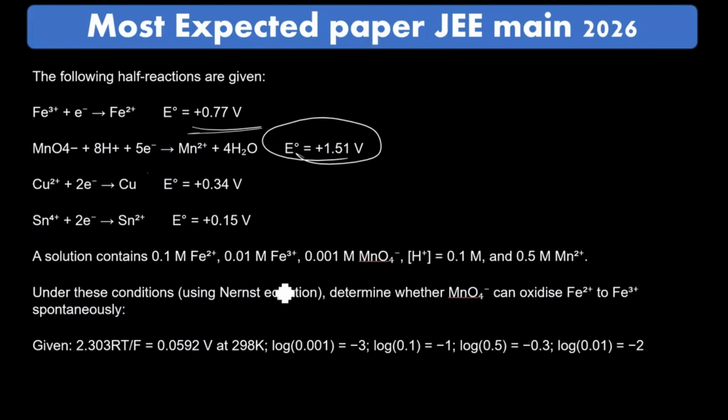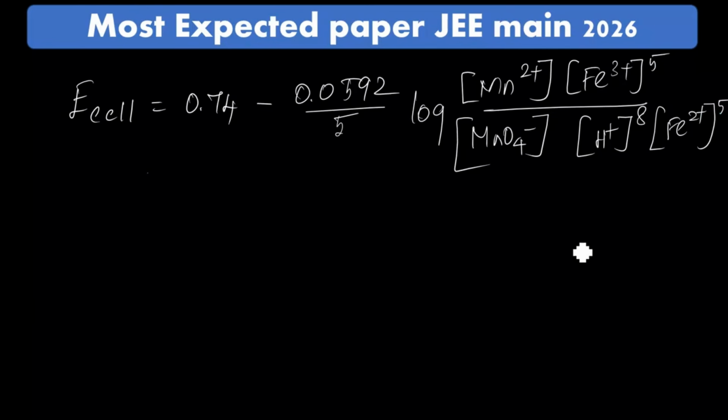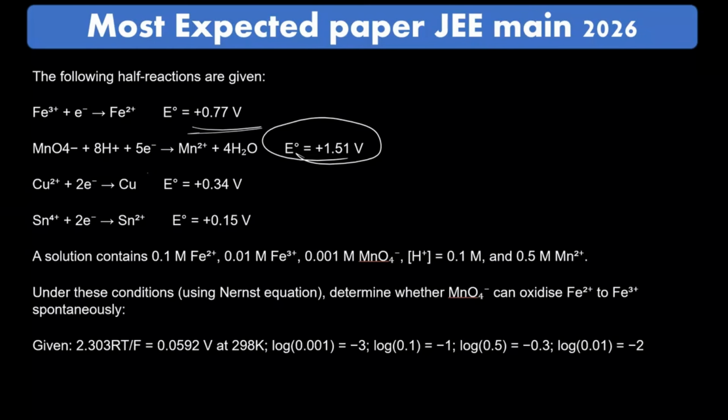So now you have to substitute every value in this equation. Okay, so upon substituting you will get the E cell value. That will come out to be plus 0.67. Correct me if I'm wrong. Then what does the question say?